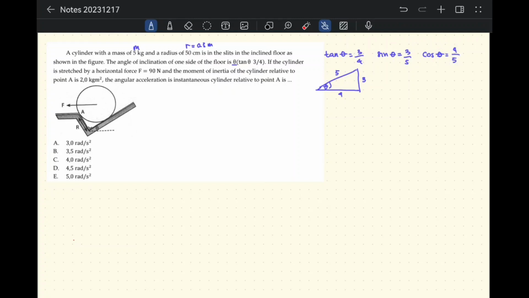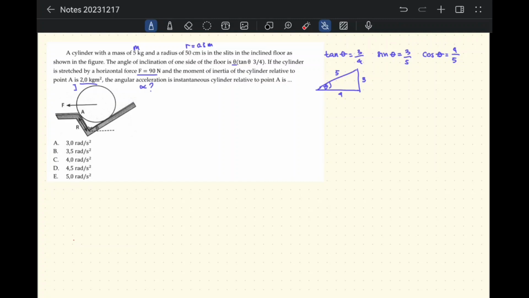Okay, so let's continue to read the question. If the cylinder is stretched by a horizontal force F of 90 newtons and the moment of inertia of the cylinder relative to point A, the angular acceleration is, we have to find the angular acceleration or alpha.